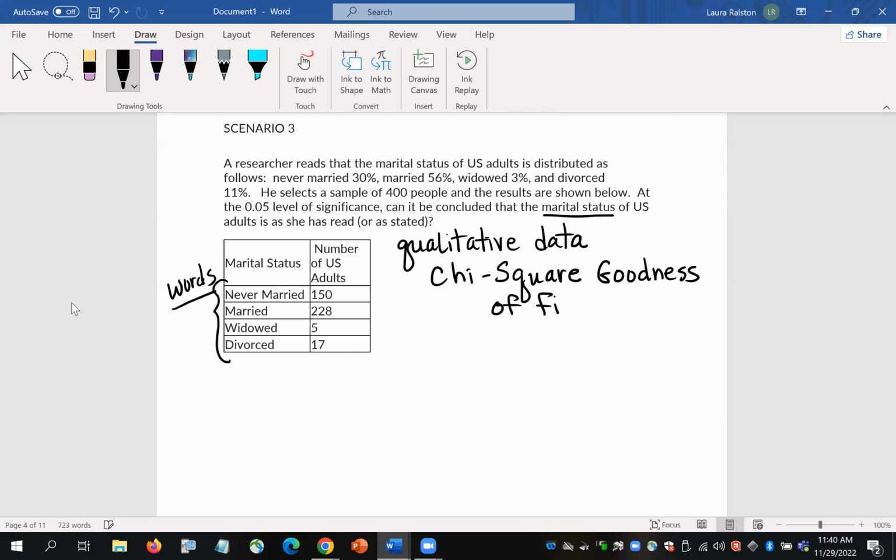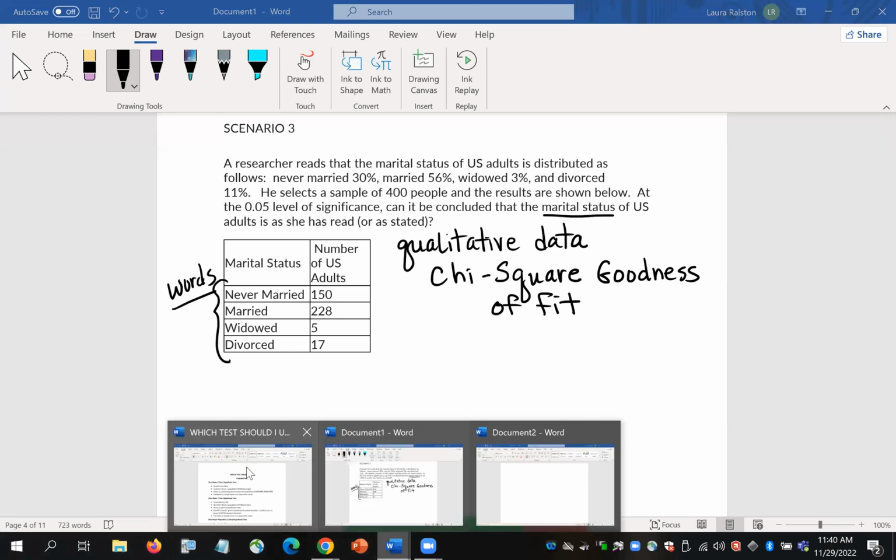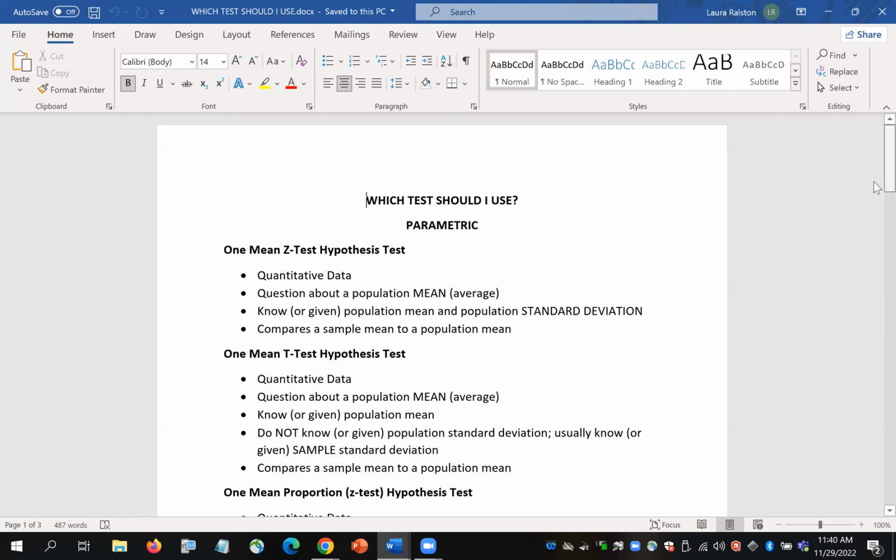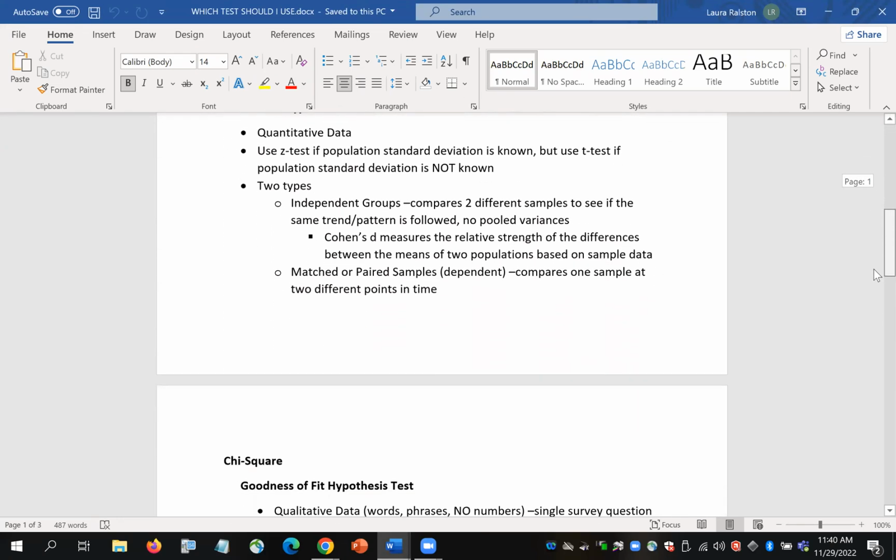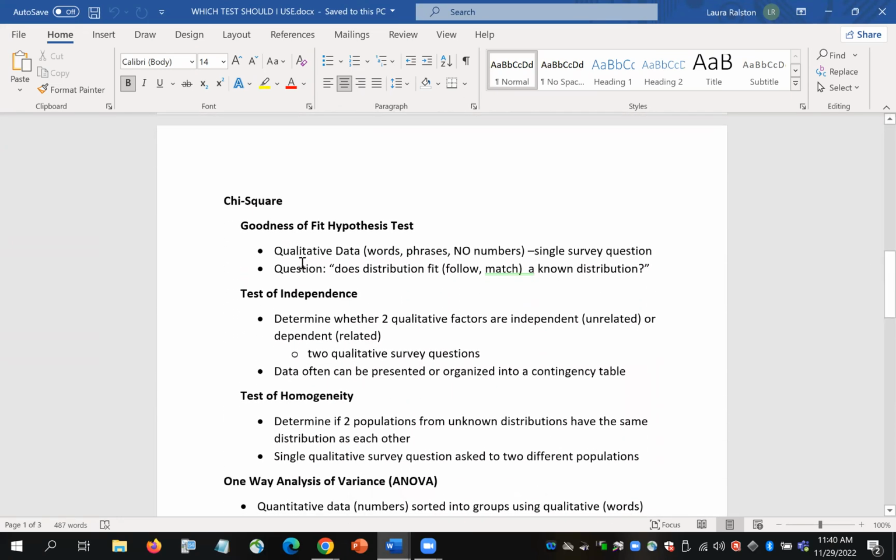Let's go over to our document about which distribution to use. Chi-square: you have qualitative data, no words or phrases, and it's a single survey question. Reading between the lines, the survey question would have been, what is your marital status?